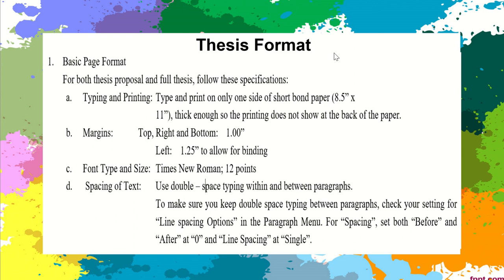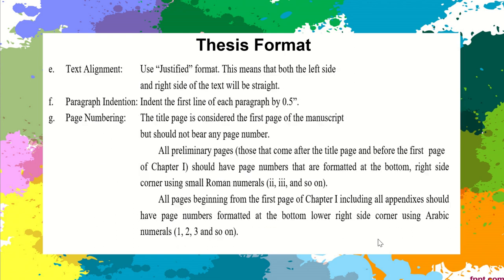Okay? Next, text alignment. You use justified format. So this means that both the left side and right side of the text will be straight. Paragraph indentation, indent the first line of each paragraph by 0.5.